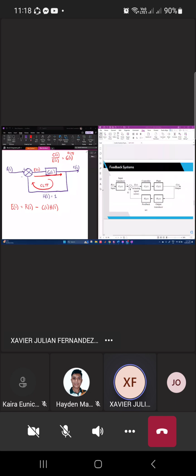The common representation of a feedback system includes these blocks. We have an input transducer. Sometimes this is not a transducer but a pre-filter block.